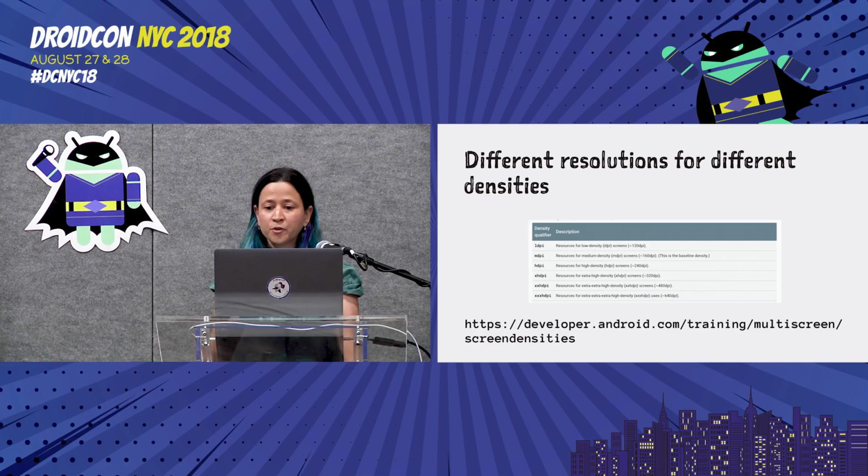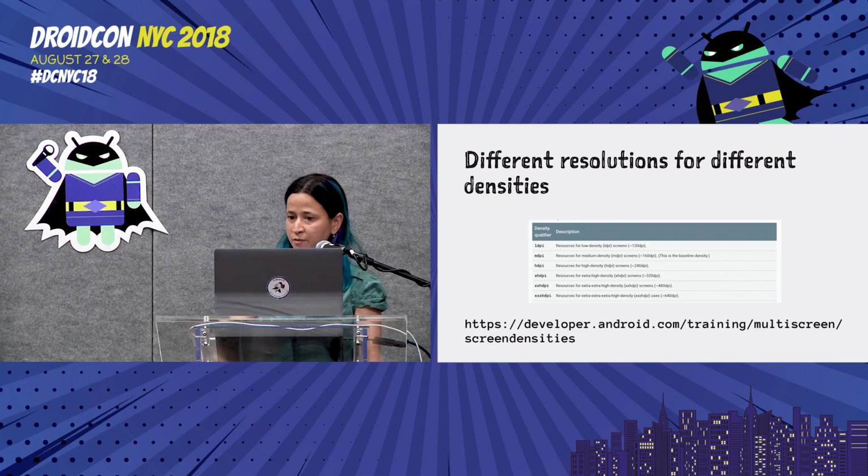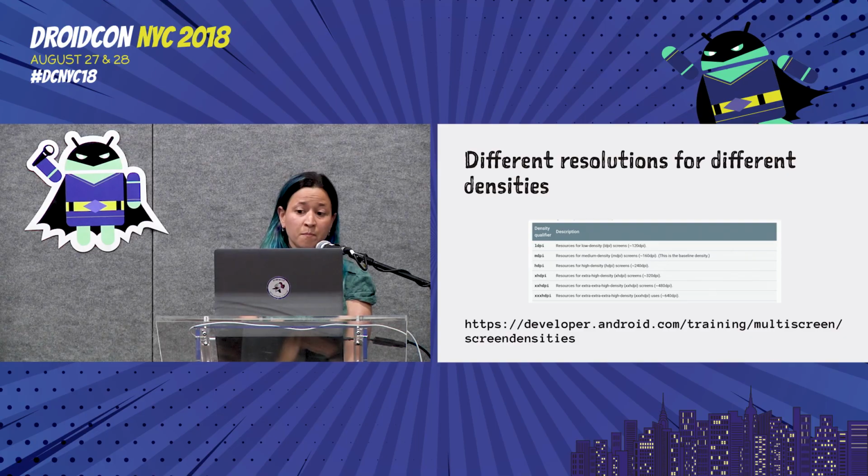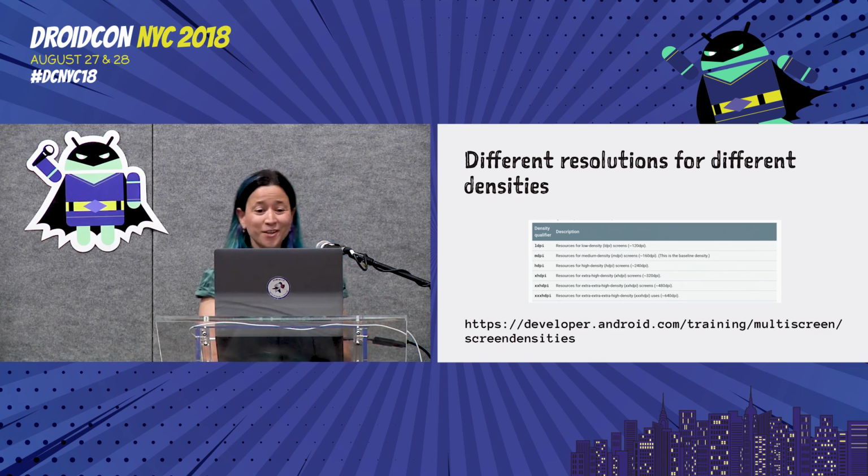So in order to support different densities on Android, you must provide the image in different sizes. Otherwise, like I said, it will look blurry on higher densities or be big and take up unnecessary memory on lower densities. So the first step usually, when we get an image from a designer, is to figure out how big the designer provided this image and for which density.